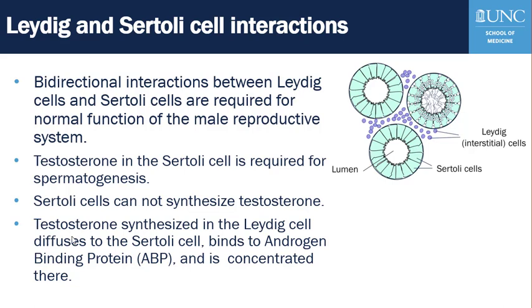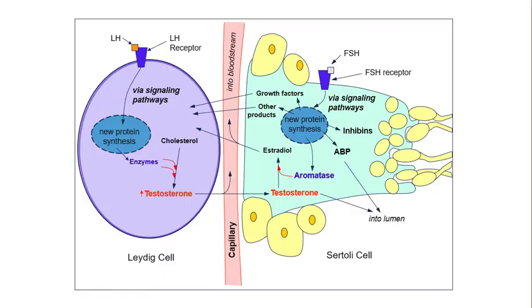And so remember, the way that they get around that is to have the Leydig cells make the testosterone and then have it diffuse to the Sertoli cell where it binds that androgen binding protein and it's concentrated and can help with spermatogenesis. And this is just a reminder of the detail of that interaction with the Leydig cell in purple and the Sertoli cell here in green, and all of the developing sperm cells here in yellow. And so the lumen of that seminiferous tubule is over here to the right.